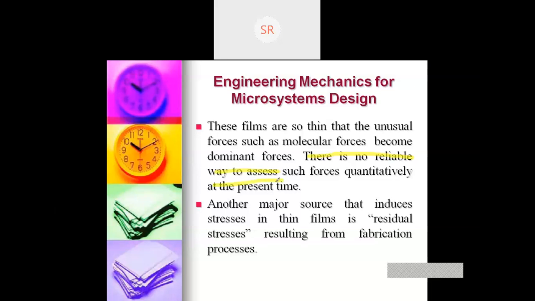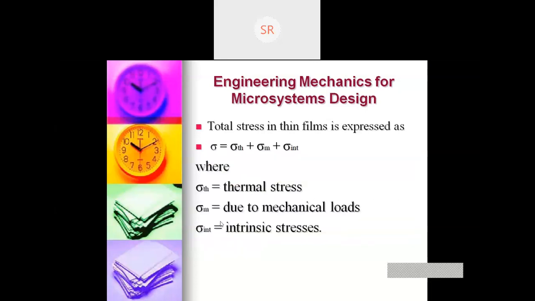So what we do is calculate the stress because of the thermal stress, the mechanical load, and the intrinsic stress, and we add them together to calculate the total stress.